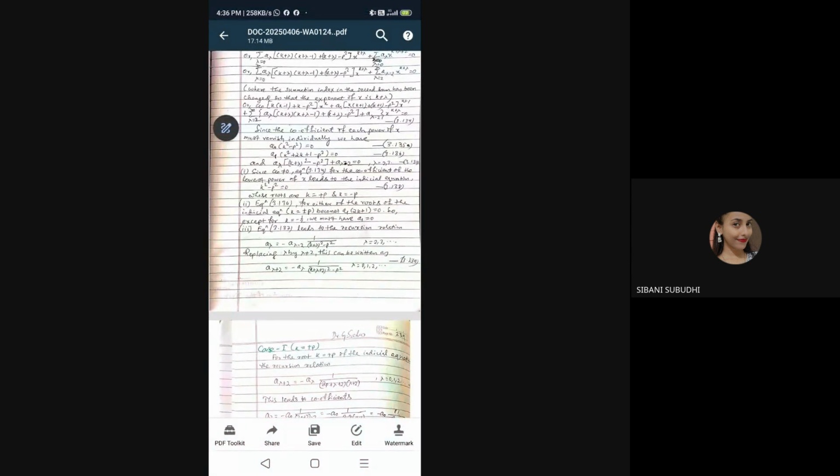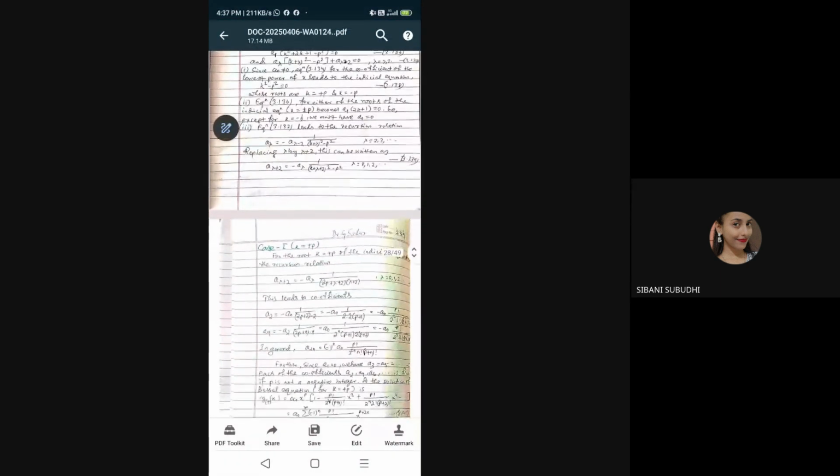So the coefficient is summation lambda is equal to 2 to infinity of a lambda [(k plus lambda)(k plus lambda minus 1) plus (k plus lambda) minus p square] plus a lambda minus 2. So this will be 0, and from that you have a(lambda plus 2) is equal to minus a lambda multiplied by 1 by [(k plus lambda plus 2) square minus p square].